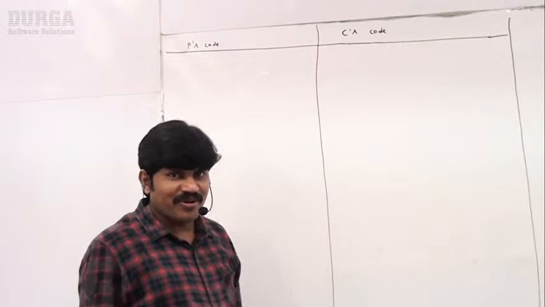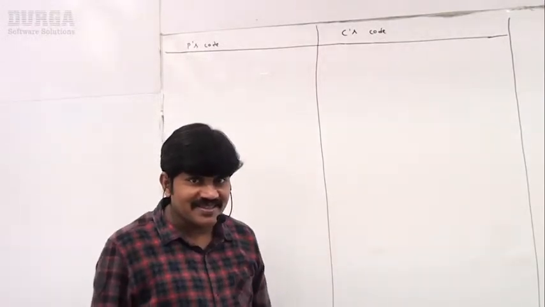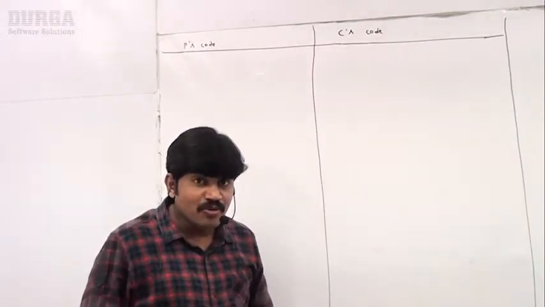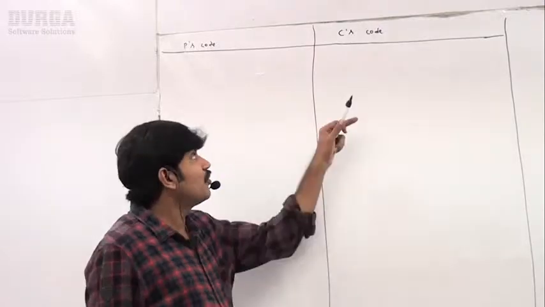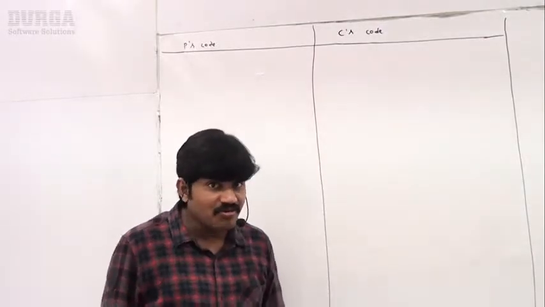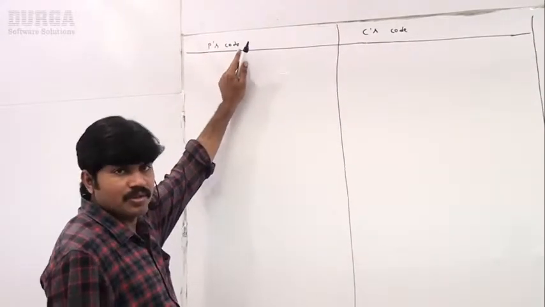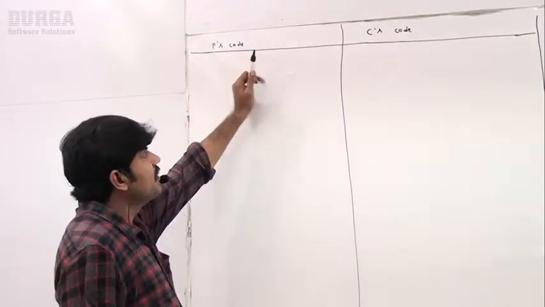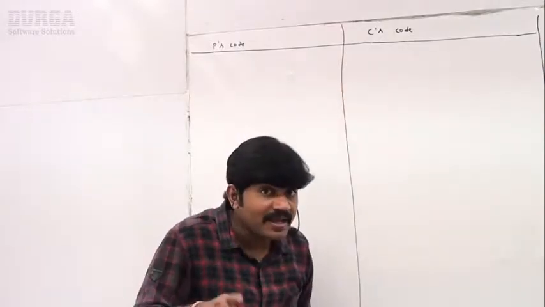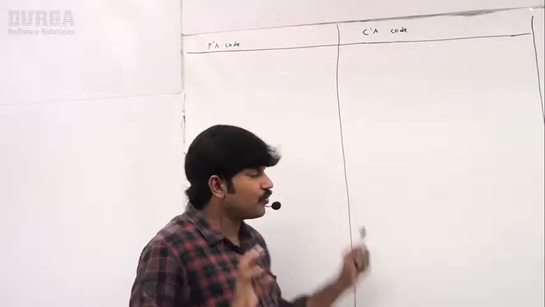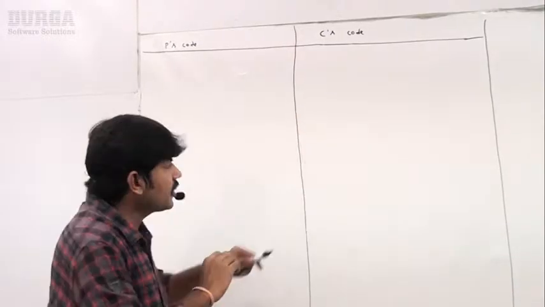What is the meaning of P's code and C's code? Can you guess? Not parent class code and child class code. P's code means programmer's code, which we are writing. C's code means compiler generated code.